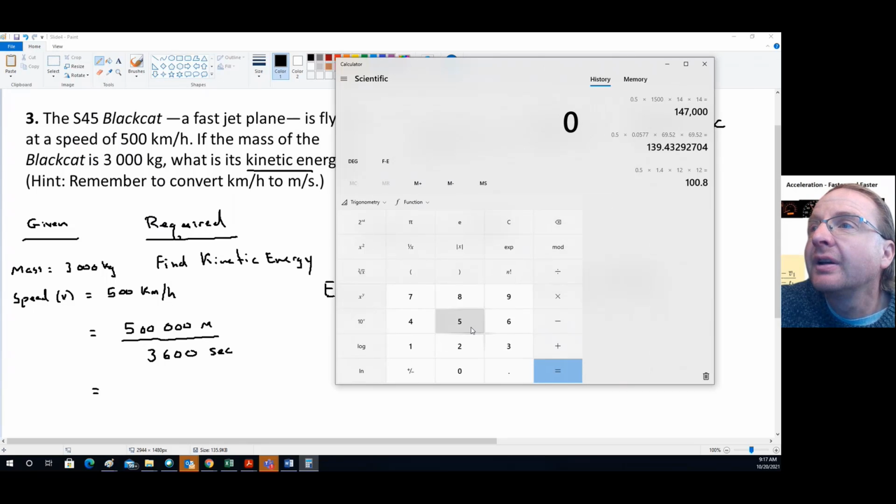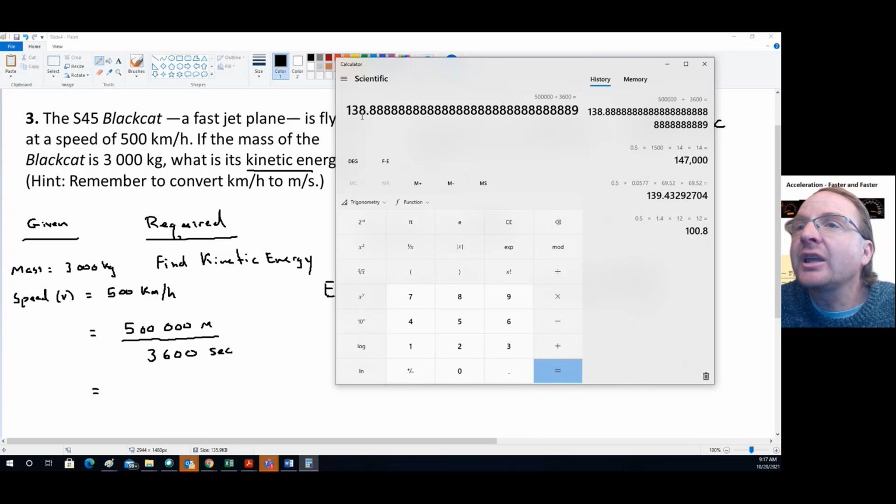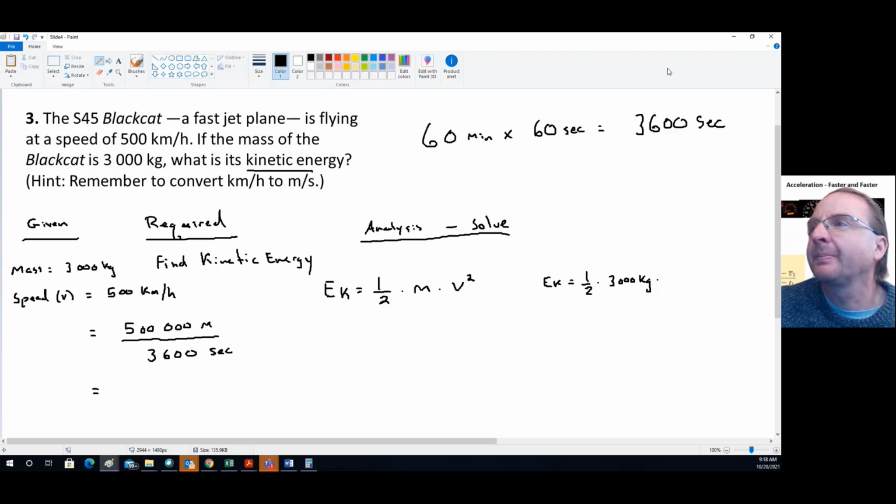Okay, clear this off. 500,000 divided by 3,600 is 138. Now, don't round it yet. You're going to think, oh, I got to get the significant digits. No, not yet. We're still in calculations, right? We haven't got to the answer. So do not round yet. So 138.88 forever, basically. 138.8 forever meters per second.